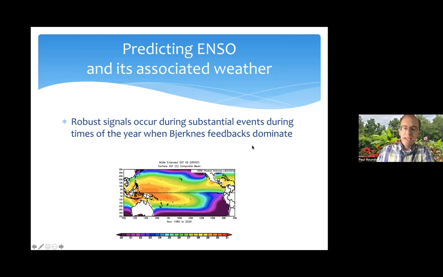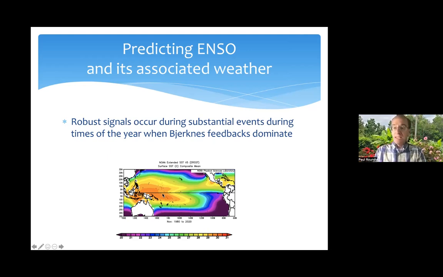The Bjerknes feedbacks occur when you have a climatological cold signal, in this case, that would have suppressed convection in the background, but then an El Nino signal superimposed on this that has now a substantially warmer than the climatology background rainfall signal here, that becomes associated with a wind pattern feeding into the anomalous rainfall, and it maintains the cold anomaly. So it maintains this cold signal here in the Eastern Pacific.